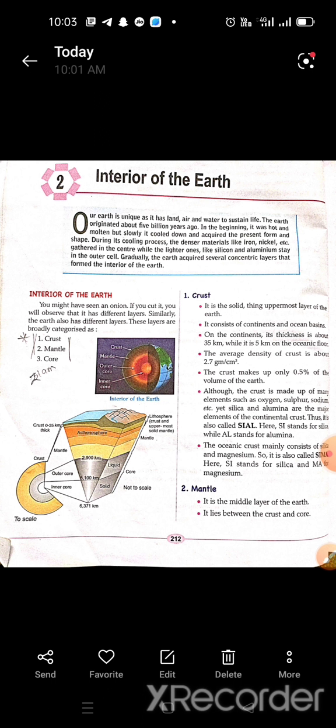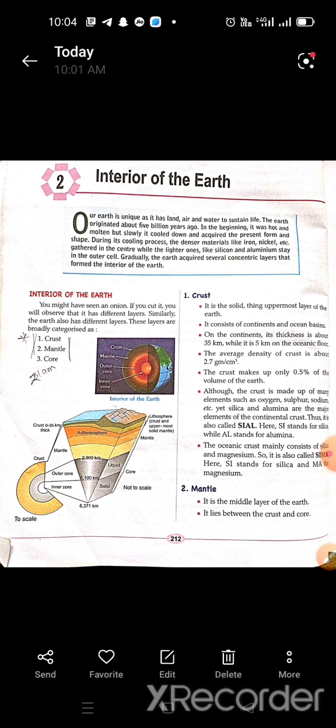Now we are going to read about crust. It is the solid, uppermost layer of the earth. It consists of continents and ocean basins. So it is a solid layer, and the ocean floor and the continents are part of this crust.